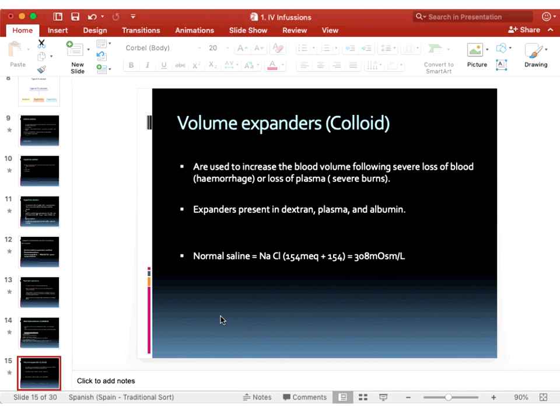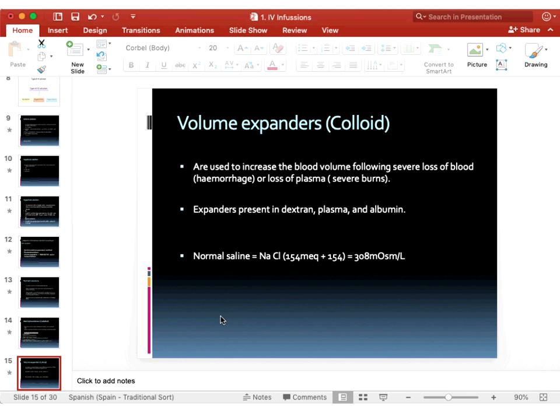All right, so the colloids were believed to contain very, very large molecules of starch. Because starch is a very large molecule of glucose.